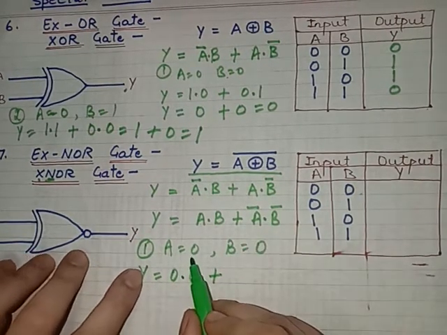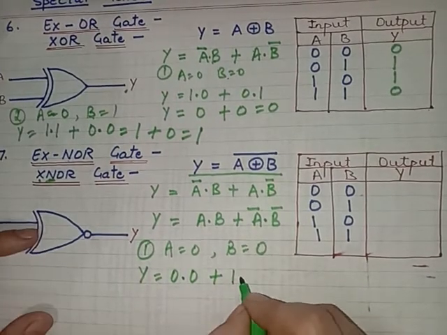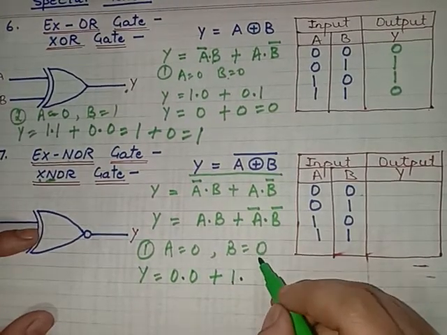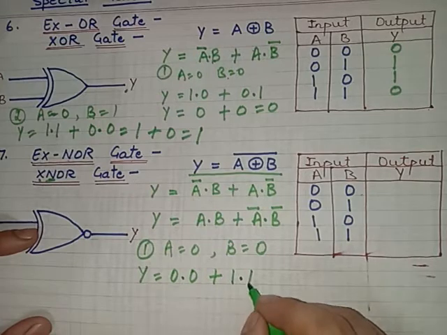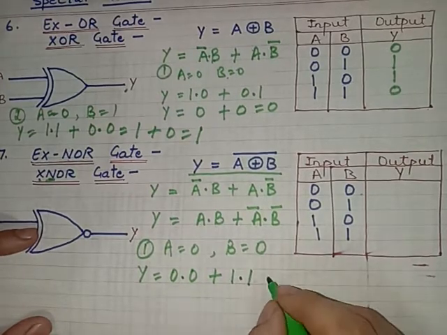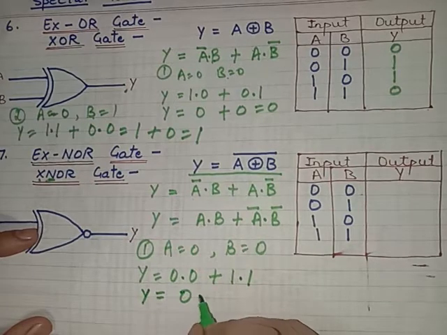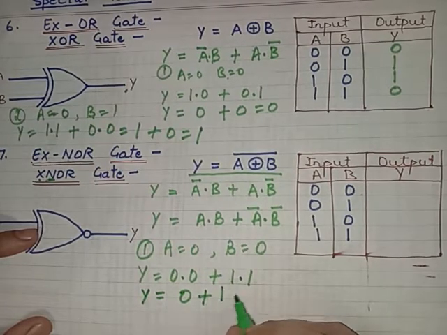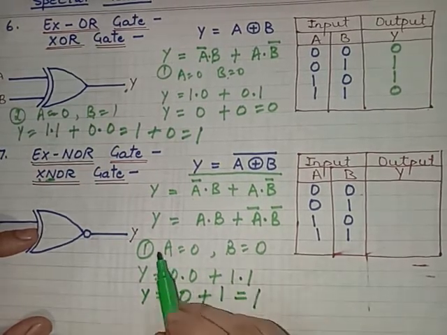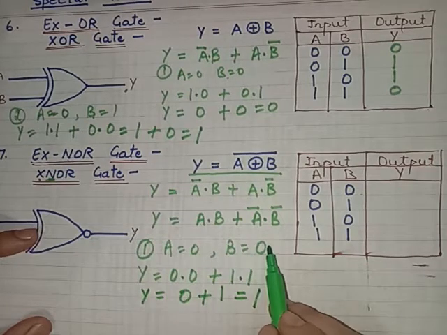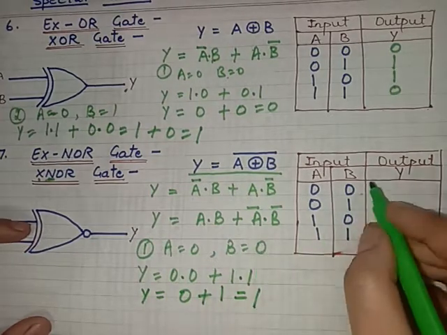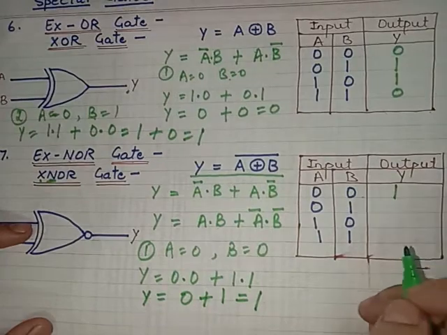A is 0, so A bar will be 1. B is 0, so B bar will be 1. Just solve it: Y is equal to 0 into 0 is 0 plus 1 into 1 is 1, that is equal to 1. So when A is 0 and B is 0, the output of the exclusive NOR gate will be 1, that is high.